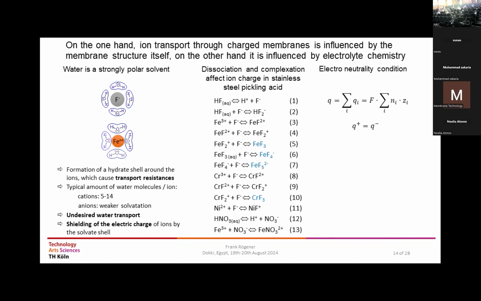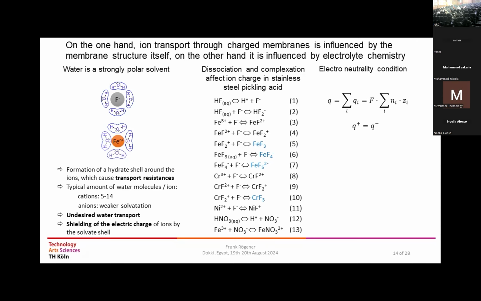This also causes friction and a transport resistance. On the other hand, if we transport ions together with the water, we dilute the final solution that we want to achieve. This is what we also have to take into consideration when we select the membranes.